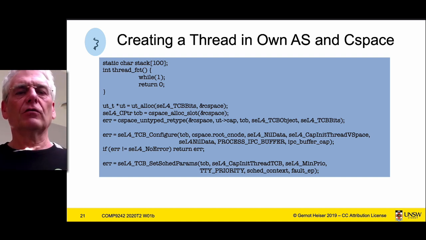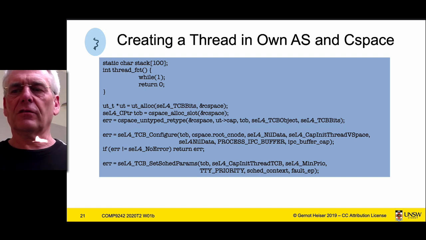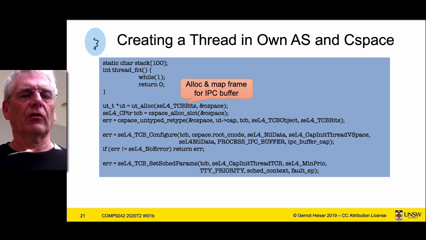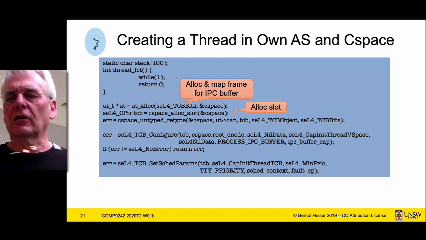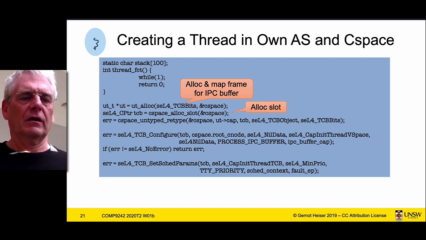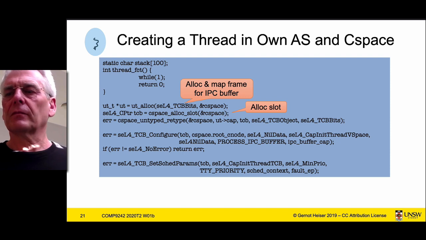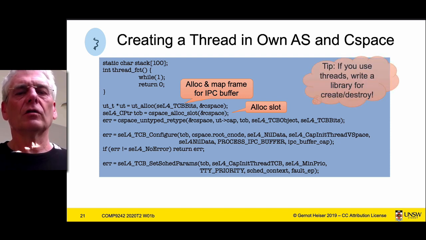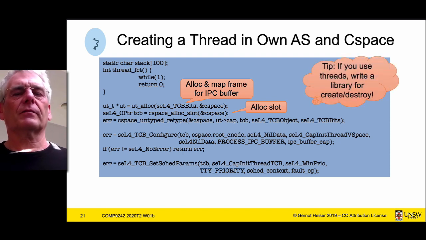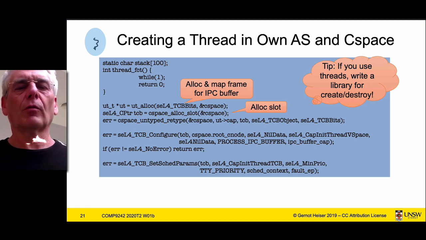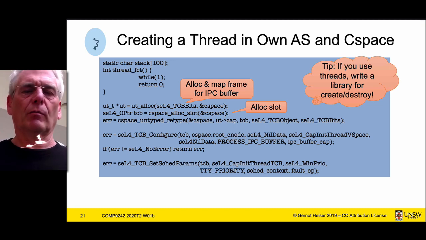So this reuses the caller's address space and C space. We allocate a frame for the IPC buffer, allocate a slot in there, and then make fairly obvious system calls. And as I said, you'll need to look closer at how these operate. If you do use multiple threads in the same address space, which you want to do for your operating system, then it's a good idea to wrap all this in a library.